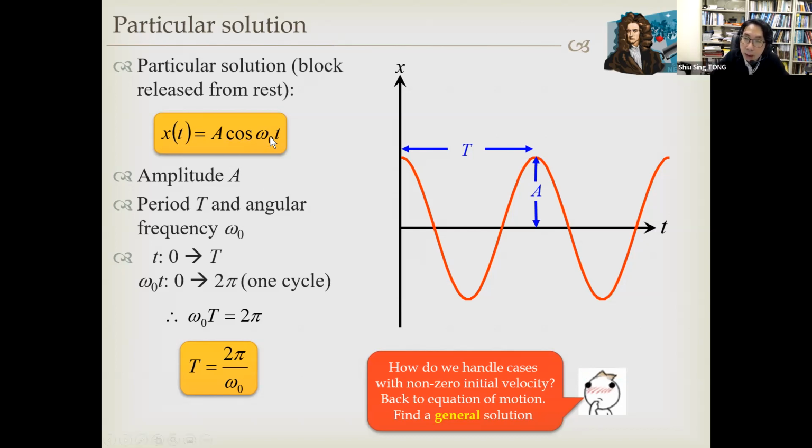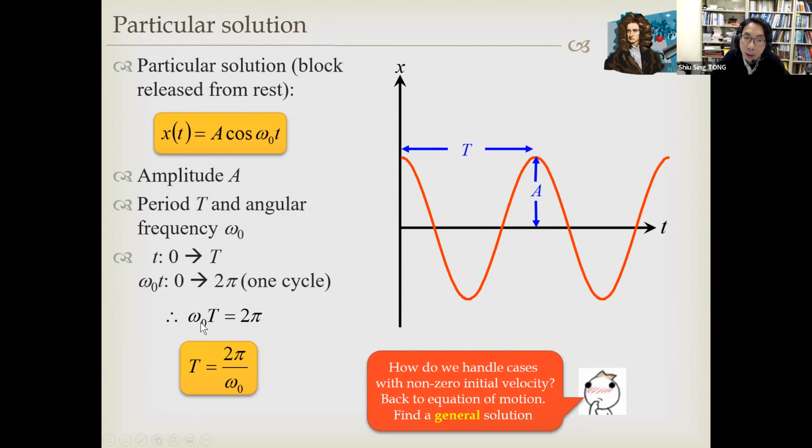Because the combination omega t goes into the cosine function, when t goes from 0 to the capital T, which is one period, omega t will go through one cycle of the cosine function. But one cycle of the cosine function is 2 pi. So that means omega naught t will go from 0 to omega naught capital T, which is 2 pi.